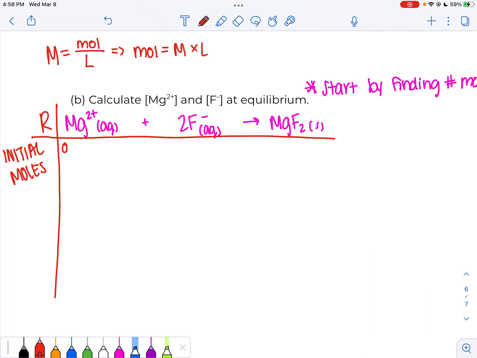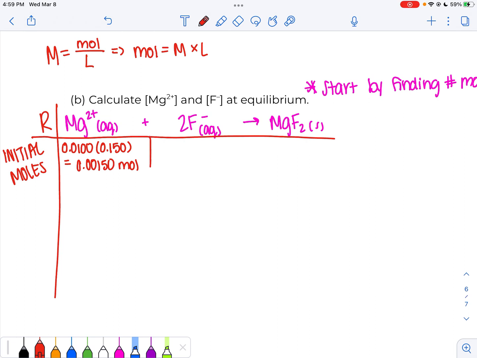So for magnesium, we started out with a concentration of 0.100, and we had 150 milliliters of it, which is 0.150 liters. I'm not going to put in units right now, which is, I know, bad, Miss Lambert, but I want to try and write small. So when we multiply these things together, we end up with 0.0150 moles of initial magnesium ions.